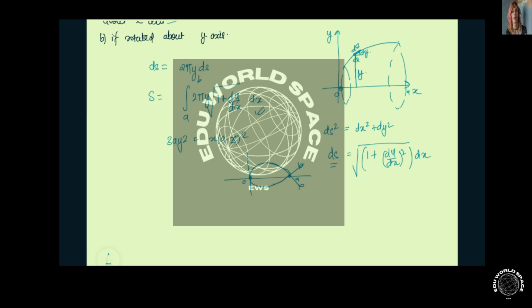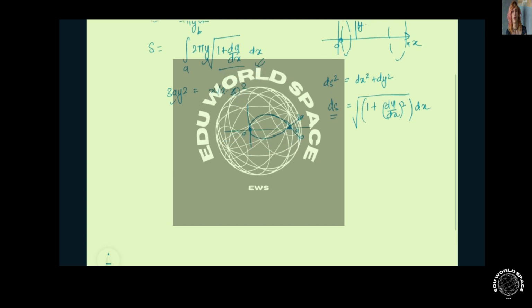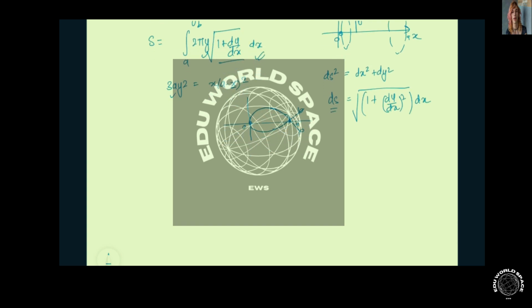Okay, so we now know our integration, so now we have to find 1 + (dy/dx)², and the value of y is already here, right? So let's calculate dy/dx. Let's differentiate: 6ay dy/dx = d/dx of x(a − x)².